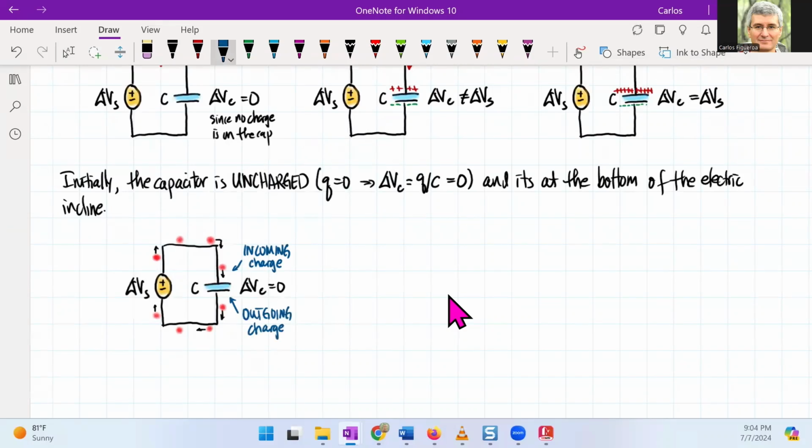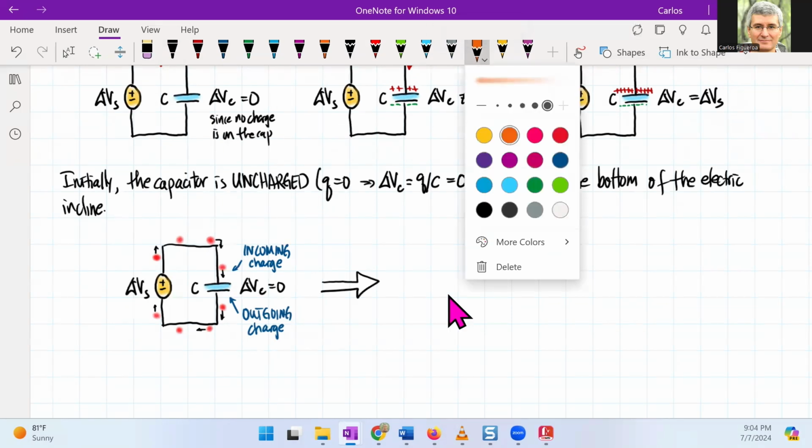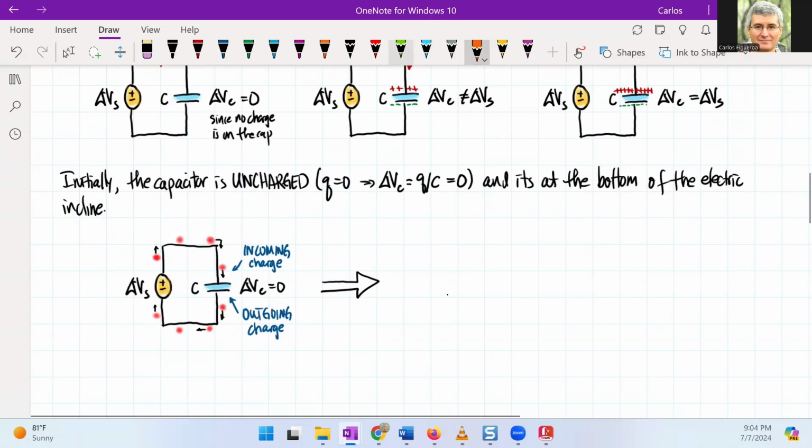The way we depict this is we use our incline, because it's hard to visualize this process. I want to look at this guy and show you that there is a way to visualize this. The way we visualize it is that we set up an incline.